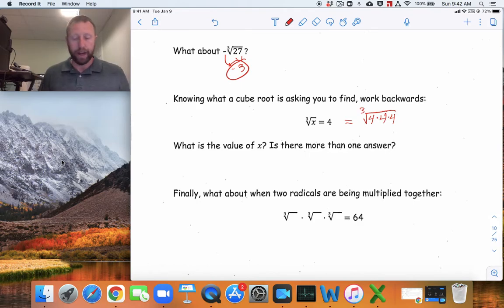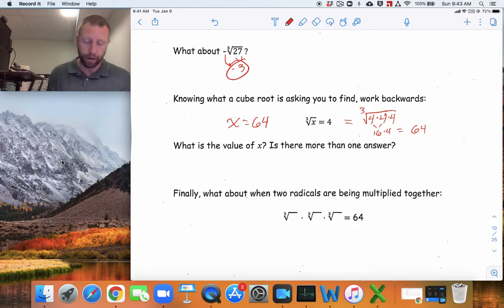And just work that out, okay? 4 times 4 is 16, and then bring down that other times 4 at the end. 16 times 4 is 64. So x equals 64. In other words, the cube root of 64 is 4, because when I use 4 3 times with multiplication, that's what it equals, 64.